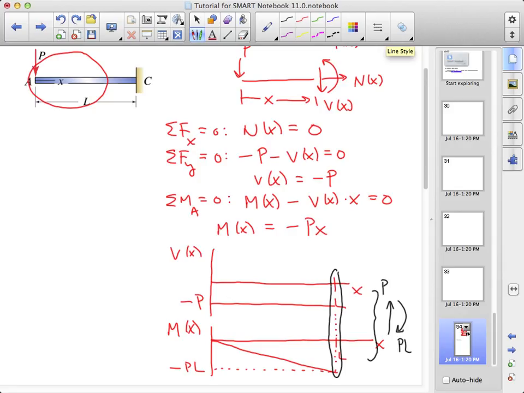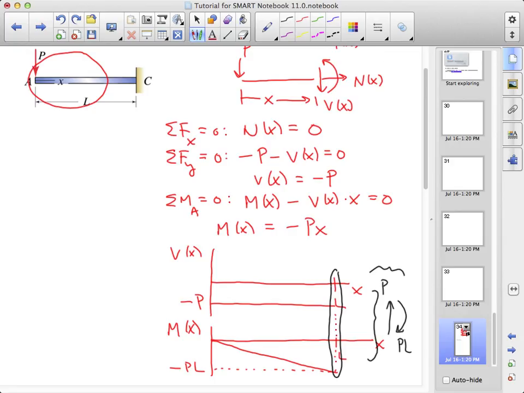One of the things to note here is the connection between V of x and M of x at the end of the beam and the reactions that we established earlier. We found that our reactions had to look like this at the end of the beam. We have a vertical reaction force of P, and we have a clockwise reaction moment of PL.